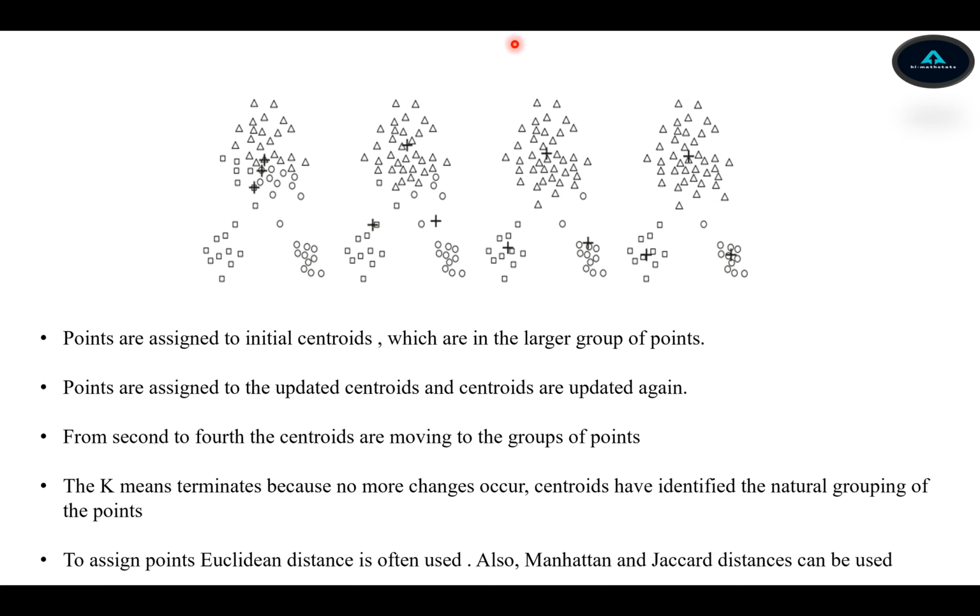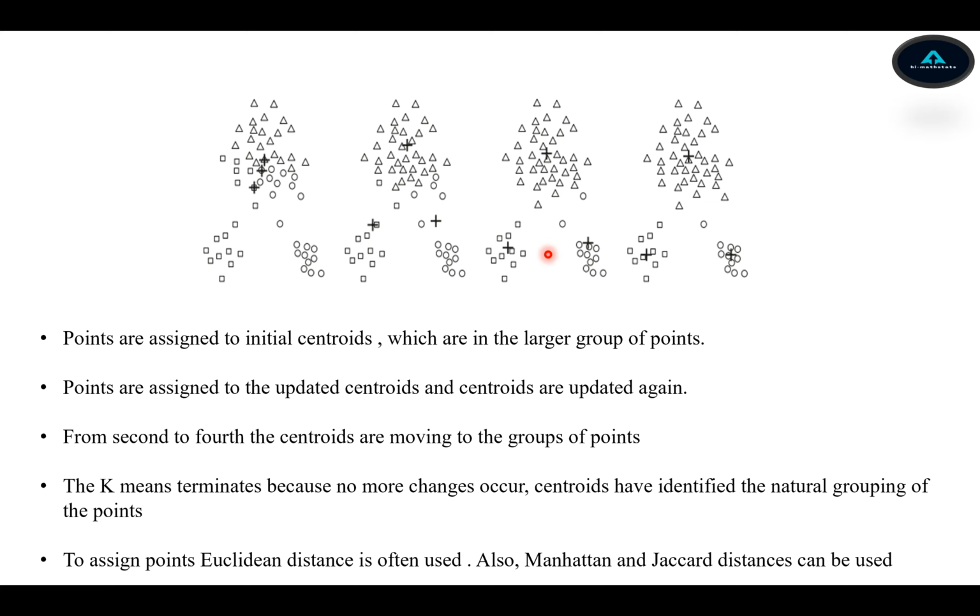If we look from the second to the fourth diagram here, the centroids are starting to move into the groups of points. Initially they were here and now they are starting to move. K-means will then terminate when no more changes occur, which means the centroids have identified the natural grouping of the points.